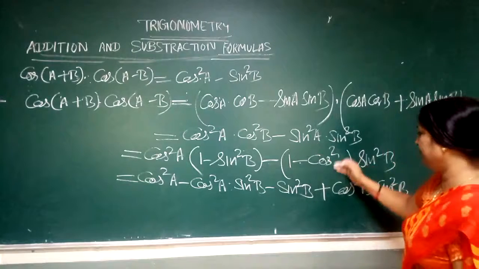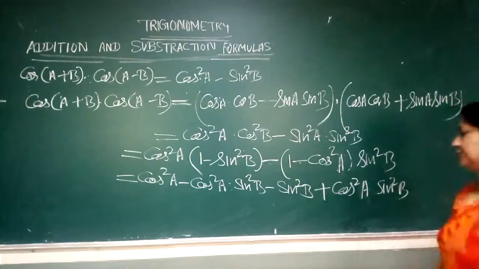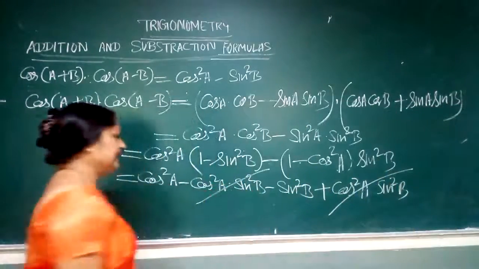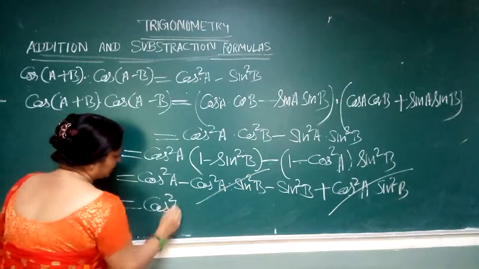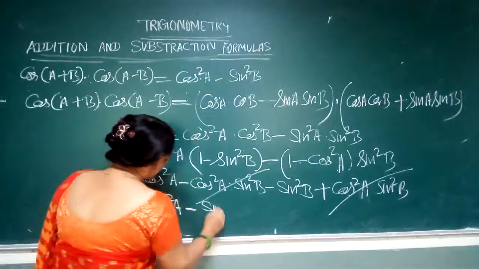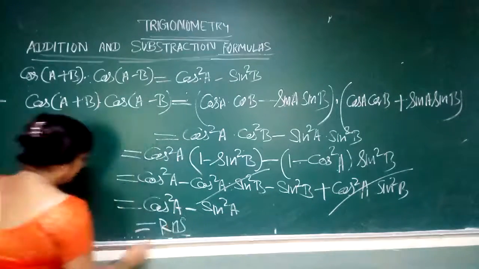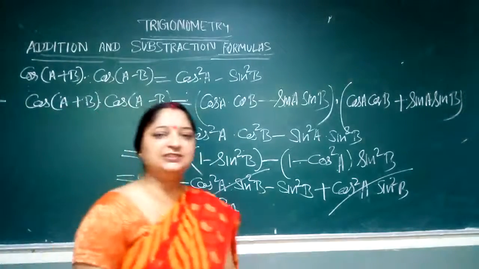Here sin square a is 1 minus cos square a, so cos square a into sin square b. This term is cancelled because one is negative, second is positive. So what is remaining here? Cos square a minus sin square b. So that is the RHS. Hence LHS is equal to RHS. Now our formula is verified.